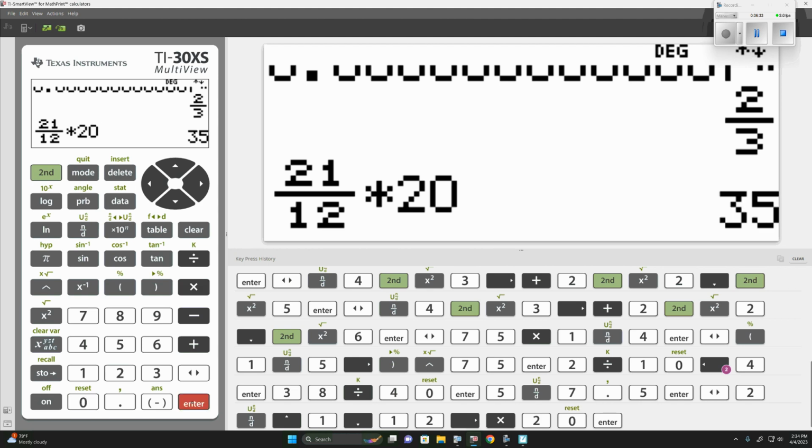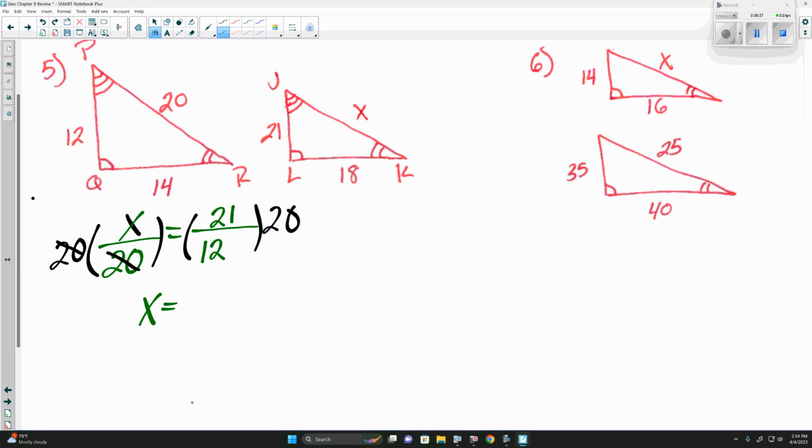Yes. And the answer is 35. So x is equal to 35. And that's it for that there. I have a feeling that the 18 was off.